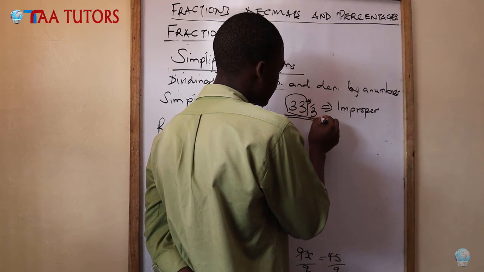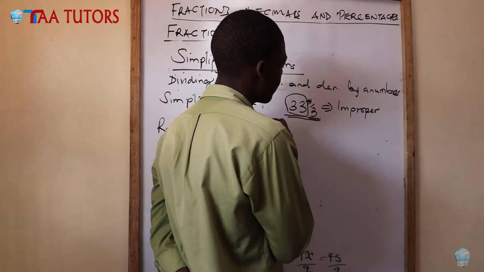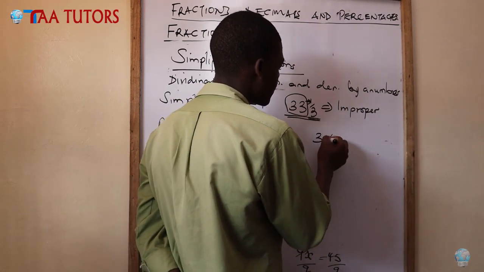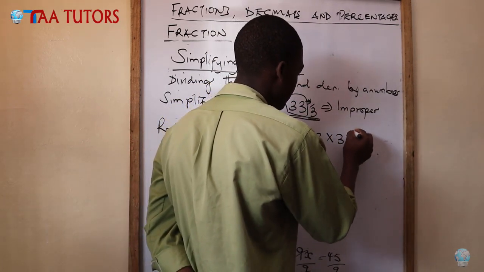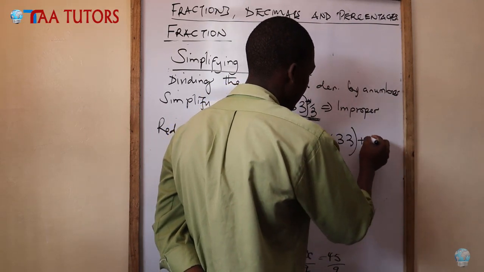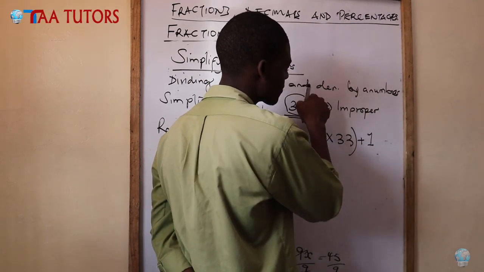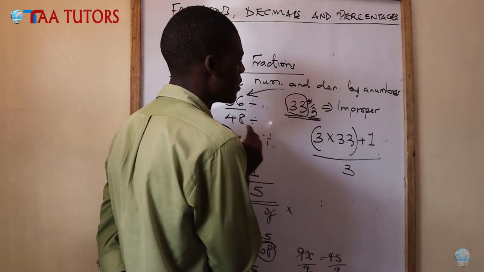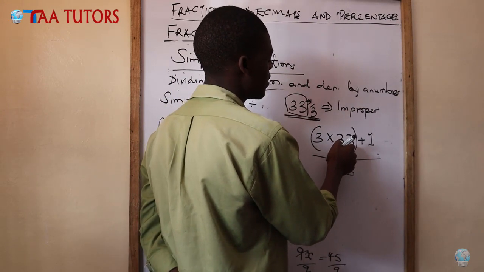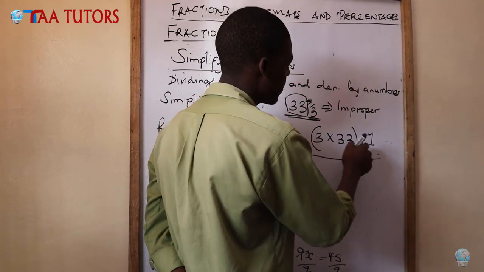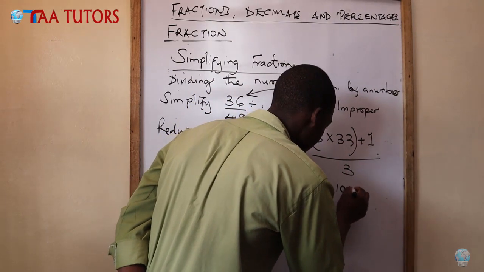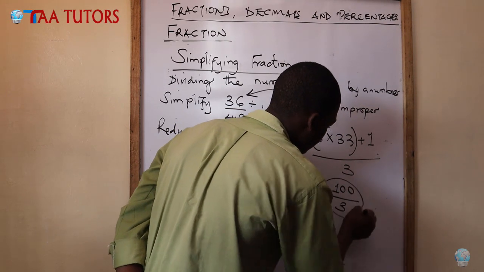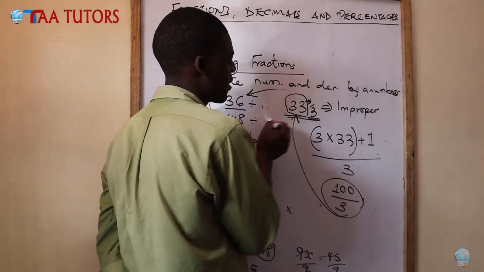All of it is over the denominator. We will have 3, the denominator, times the whole number, which is 33. Then to that we add 1, which is the numerator. Then all of it is over 3. So 3 times 33 is going to give us 99. Then 99 plus 1 is 100. 100 is over 3. Now this one is the improper form of 33 and a third.